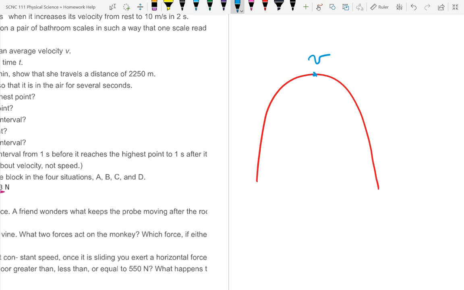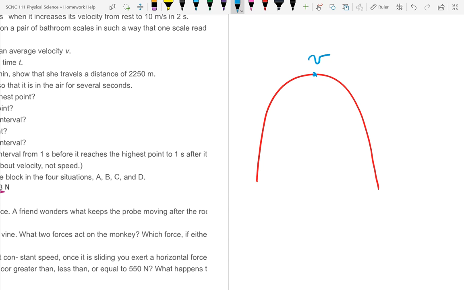So I throw this up, and it comes back down. What is the definition of velocity? That was acceleration, so not bad. The two things that they said were change in speed and change in direction. Those are the two things that are accelerations.